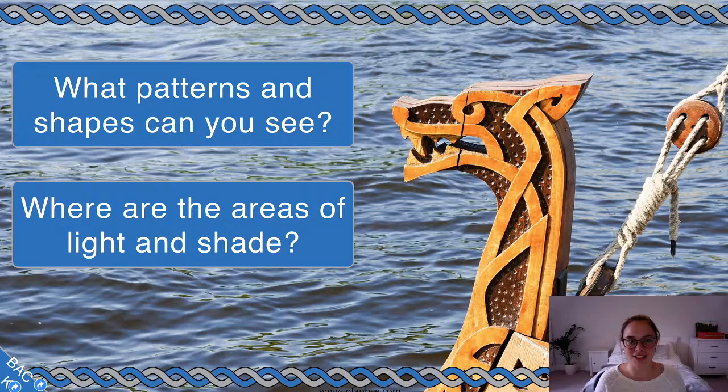Yeah, I can see spots and dots as well. What else can you see? Are there parts of the dragon head that are lighter than other parts? Circles, yeah. It is a ship. Yeah. There are lots of dark and light parts of that.